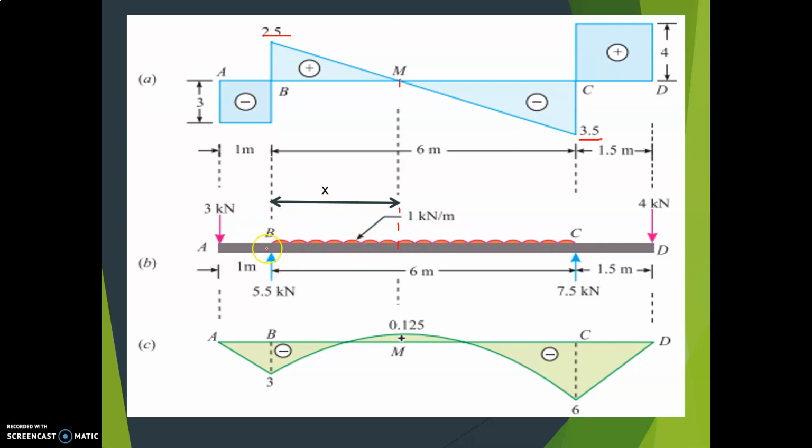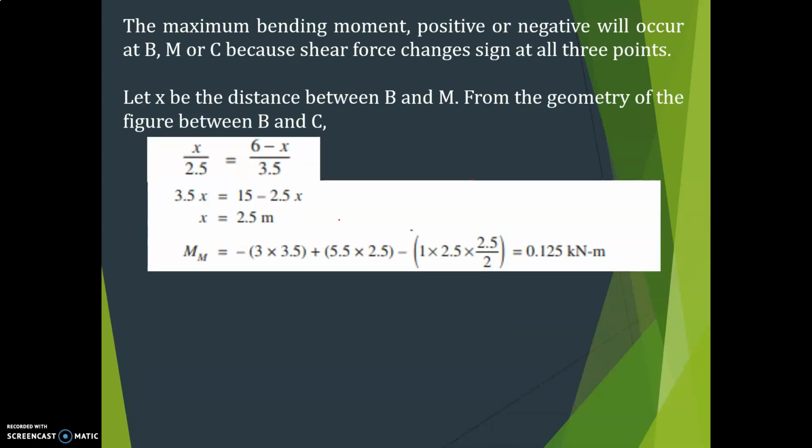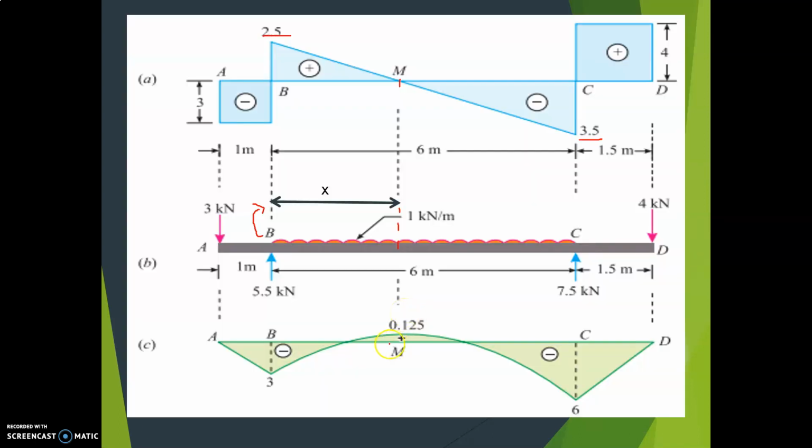Then this 5.5 is acting in this direction, so plus 5.5 into 2.5. Then again minus 1 into 2.5 into 2.5 divided by 2. So you get plus 0.125.